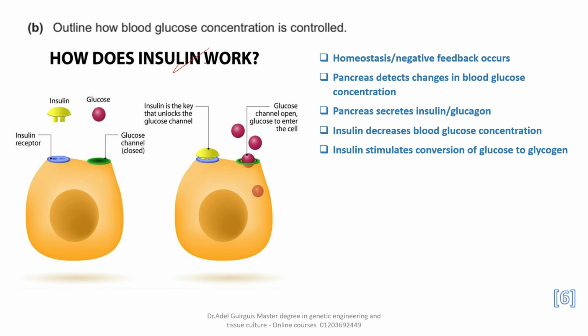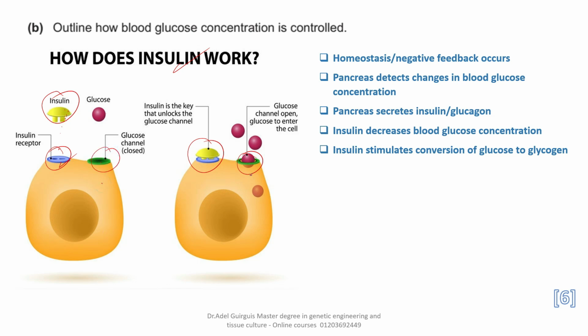How does insulin work? Insulin as a hormone has receptors on all body cells. These receptors combine with insulin in a complementary way. Here, glucose is in the blood after having a meal, and insulin is secreted. Insulin binds with its receptor, allowing opening of a channel needed for glucose entry.